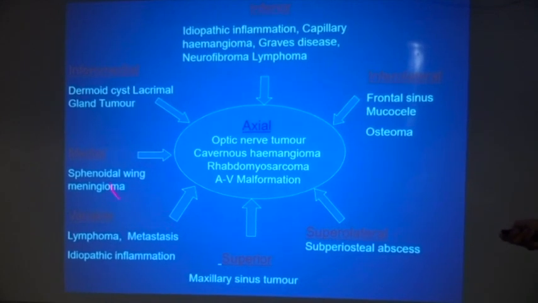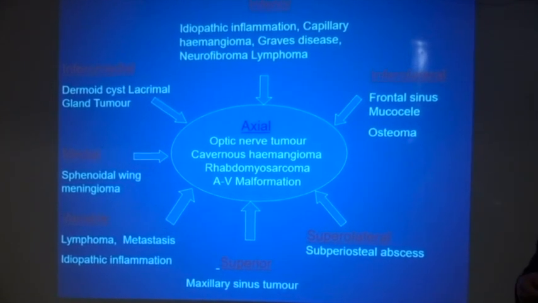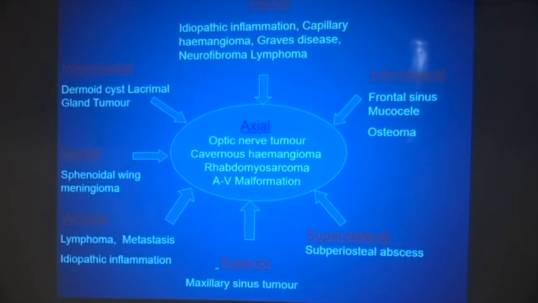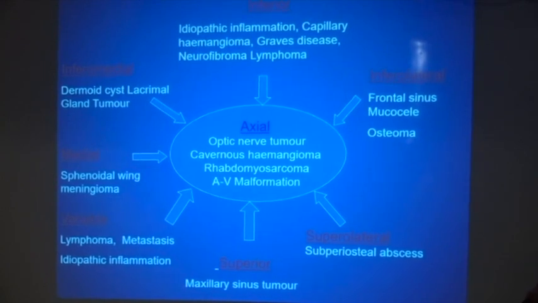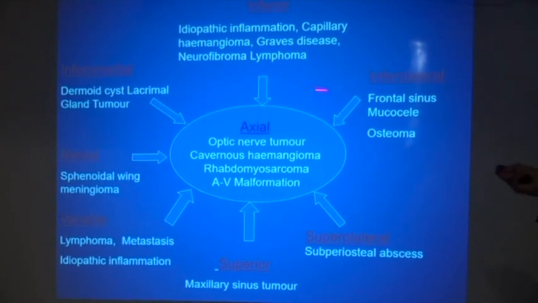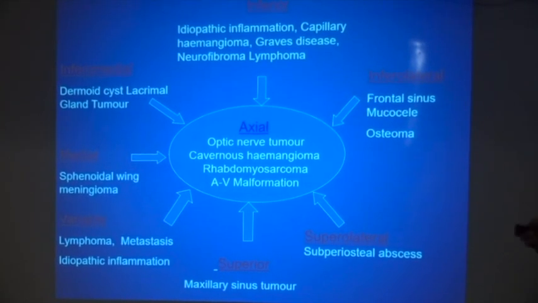And so this slide very conveniently summarizes a lot of this. For example, if you have a maxillary sinus tumor that's pushing the eye upward, is it going to be one of these other diseases? Is it going to be a frontal sinus mucocele? No. The anatomy drives the direction in which what lesion you're looking at.